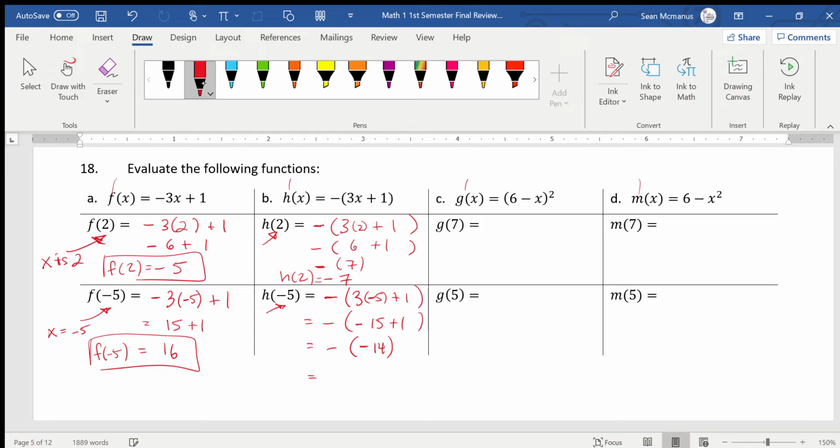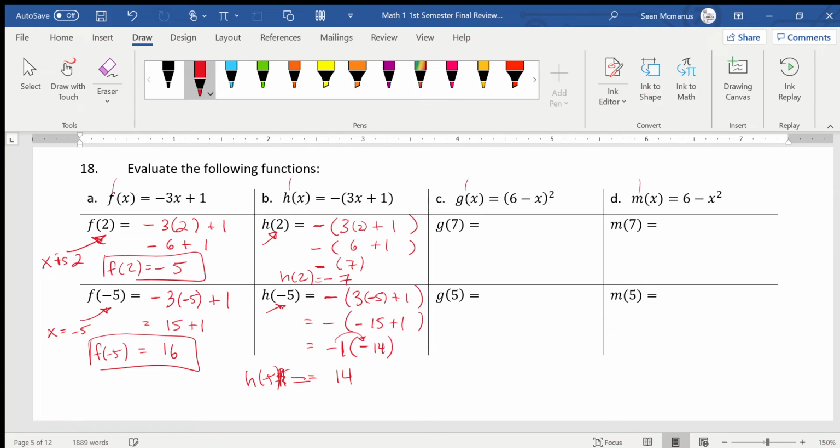This negative out front, you can kind of think of it just going through, like I was taught as a kid, it goes through like a bullet and just flips all the signs. But really what this means is you have a negative 1 in front and it's being multiplied through. So negative 1 times negative 14 would be positive 14. This is H. H of negative 5.